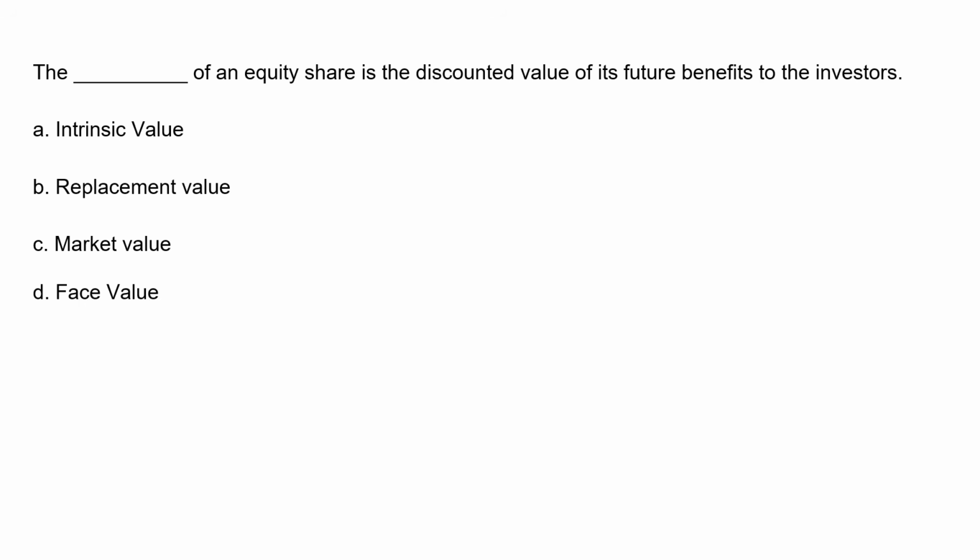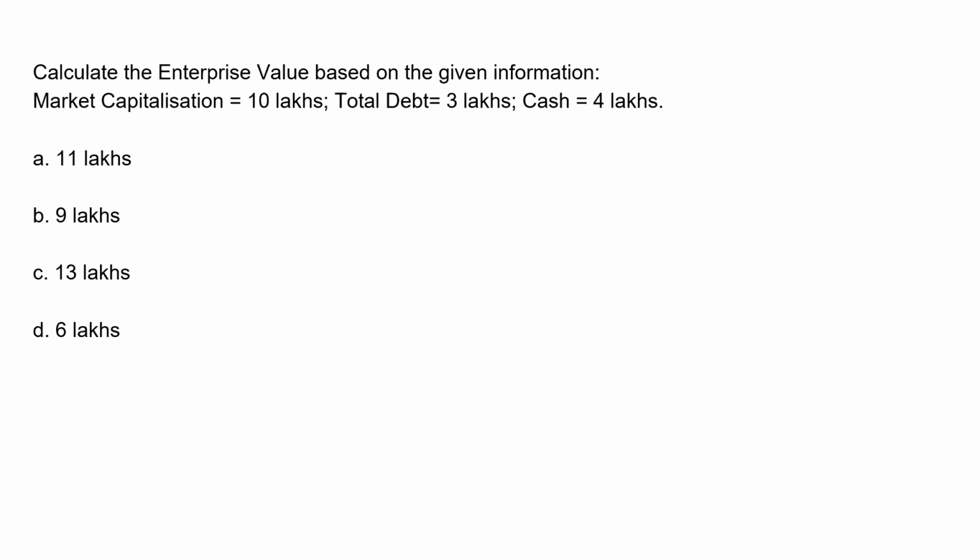Now, the dash of an equity share is the discounted value of its future benefits to the investor. Is it intrinsic value, replacement value, market value, or face value? This is something you already know. It's intrinsic value. So the intrinsic value of an equity share is the discounted value of its future benefits to the investors.